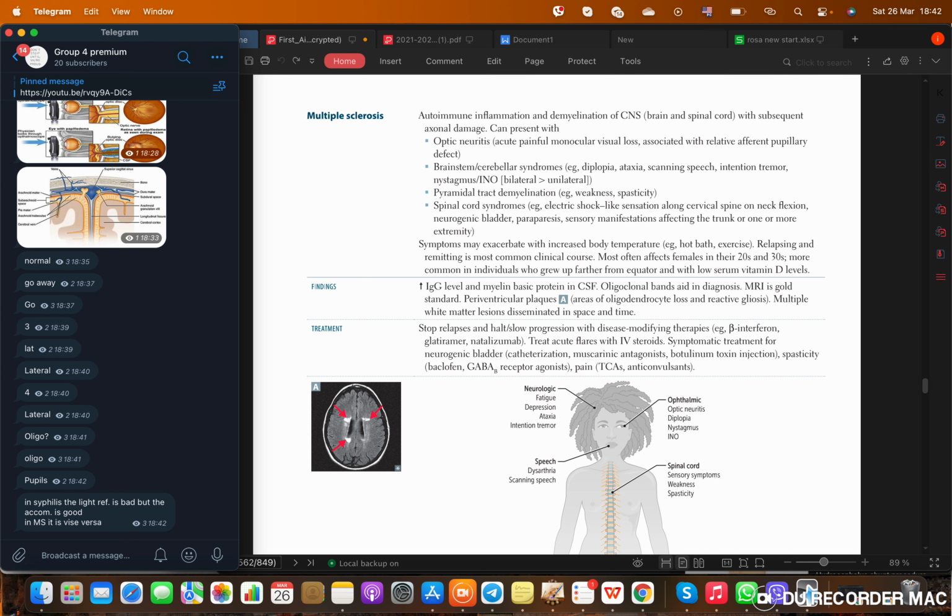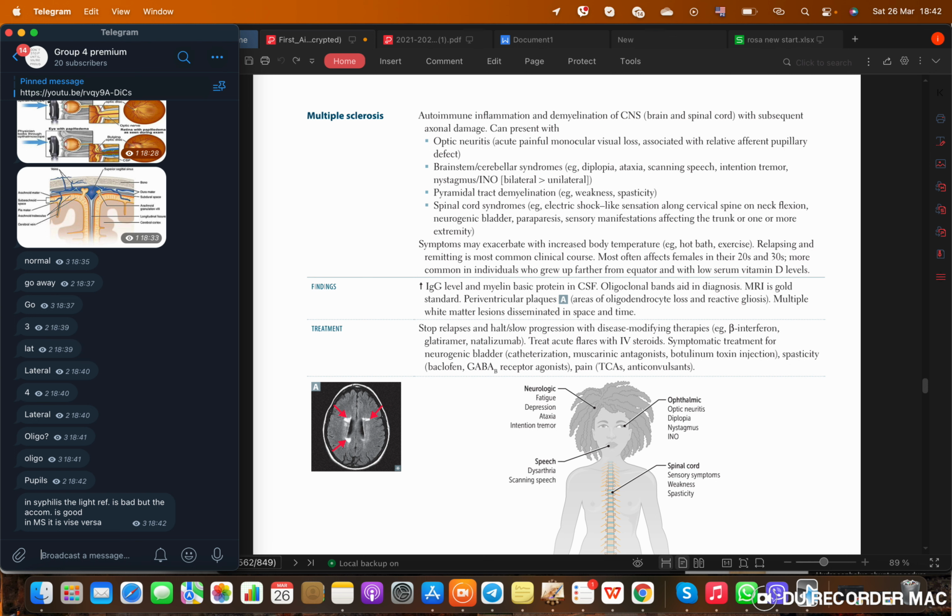So, brainstem and cerebellar syndrome, because of this affection, the patient might have diplopia, which is double vision, ataxia because of the cerebellar dysfunction, and scanning speech. How does scanning speech sound? Well, so I'm going to speak with you about multiple sclerosis. It sounds kind of robotic.